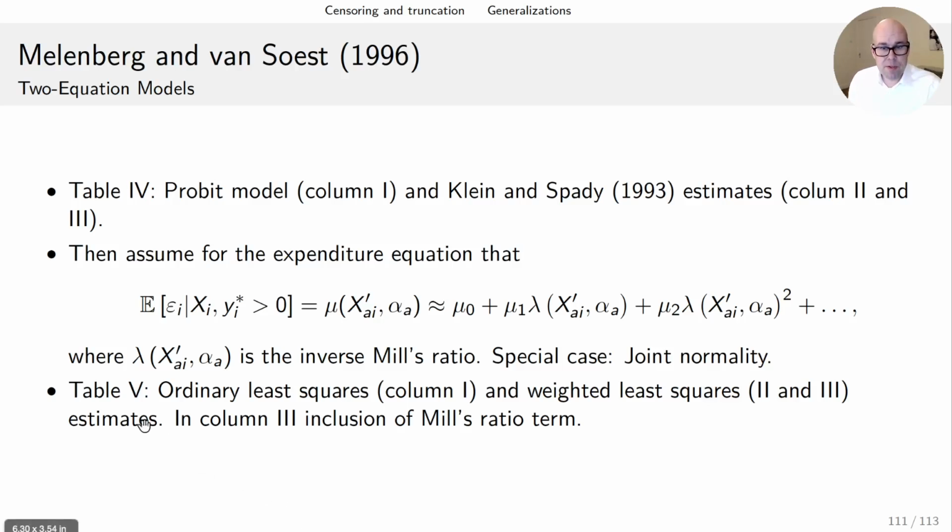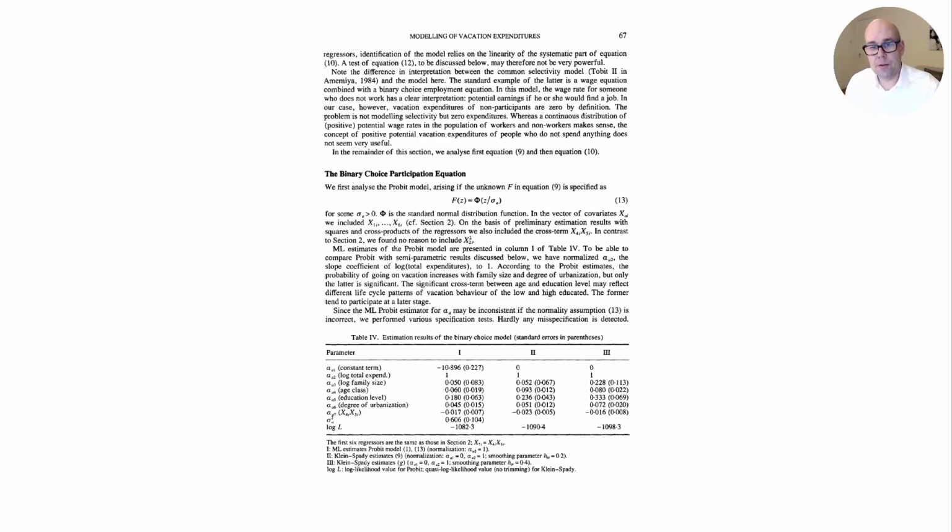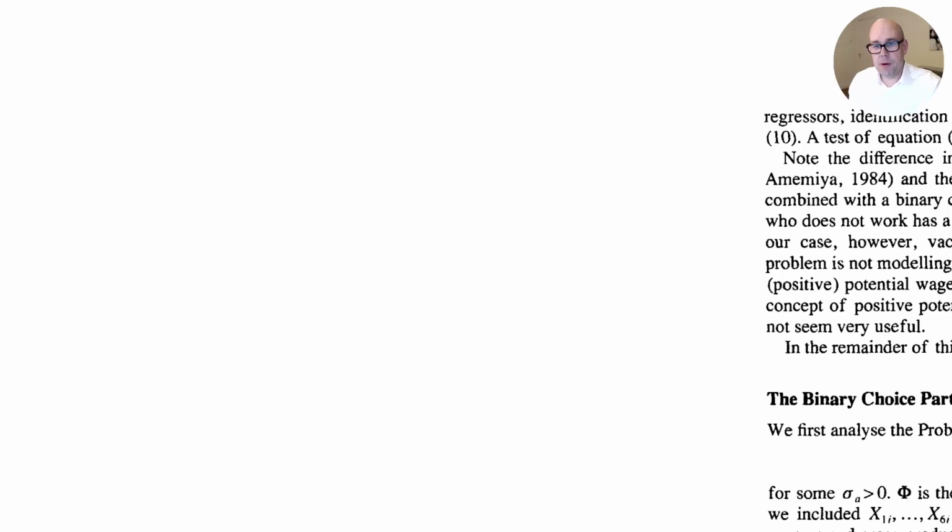Good, so this then gives results that are reported in table 5. We have OLS results in column 1, weighted least squares in 2 and 3, and in column 3 we also have the Mills ratio term included. So first of all, the binary choice part of the model.